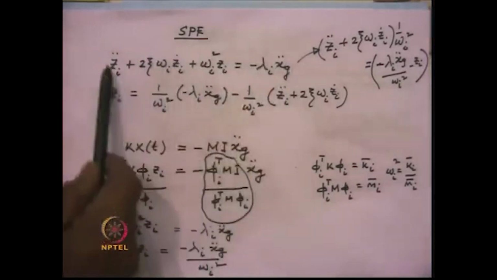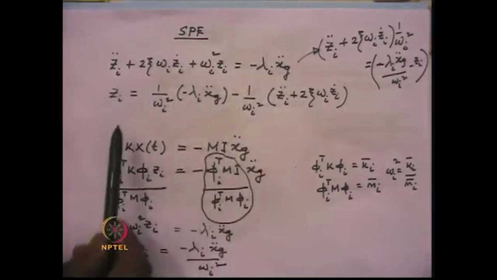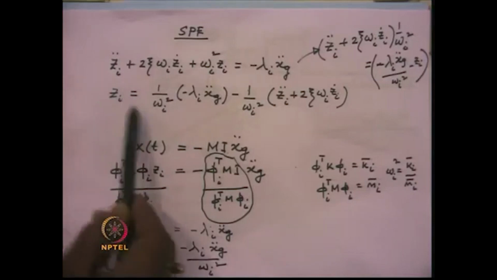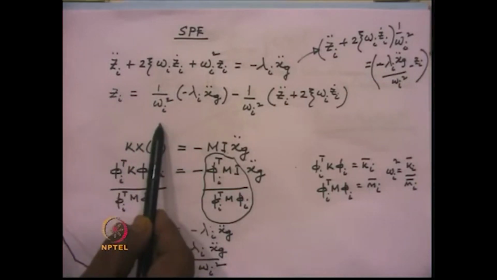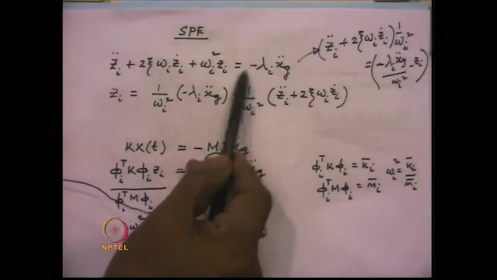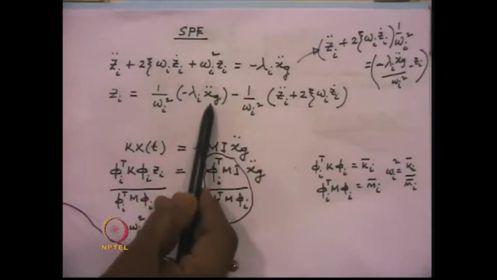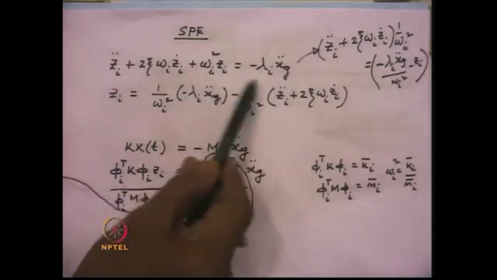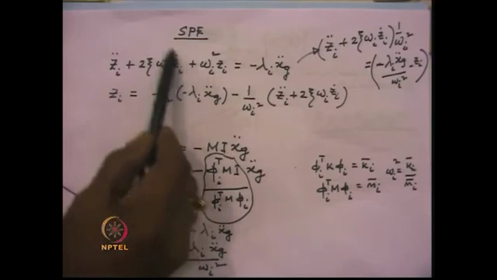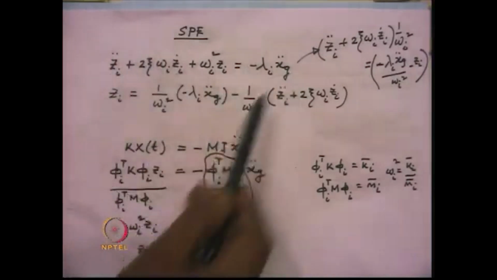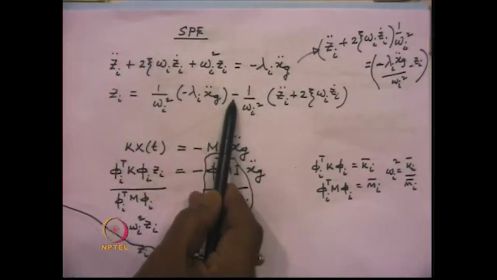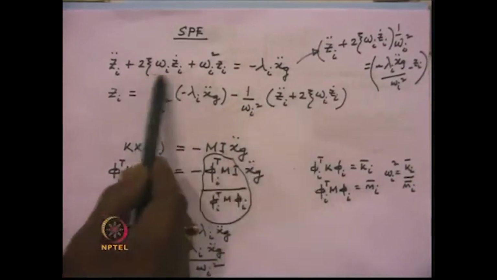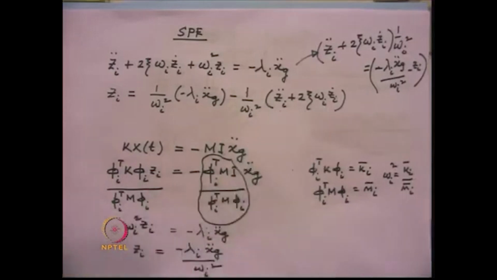This equation can now be rewritten in this form, that is z I is equal to 1 by omega I square into minus lambda I x double dot g, that is, we divide this by omega I square. Then this entire thing is taken onto this side, therefore it becomes negative, and we have 1 by omega I square within brackets this entire quantity.